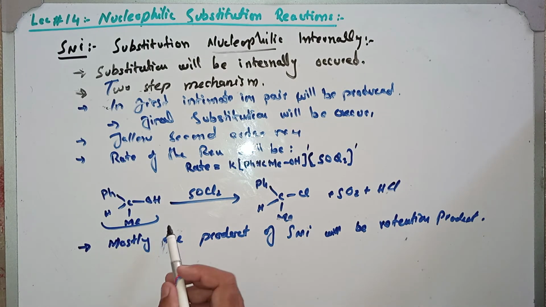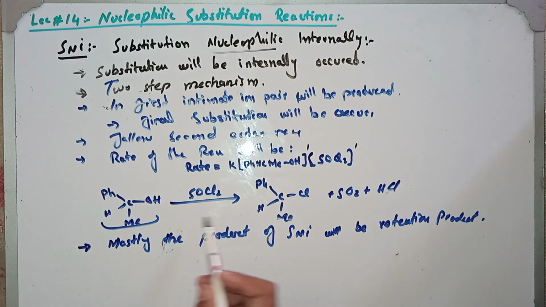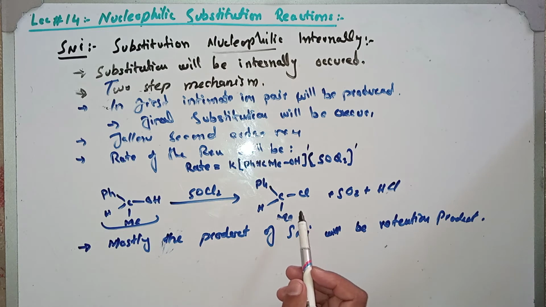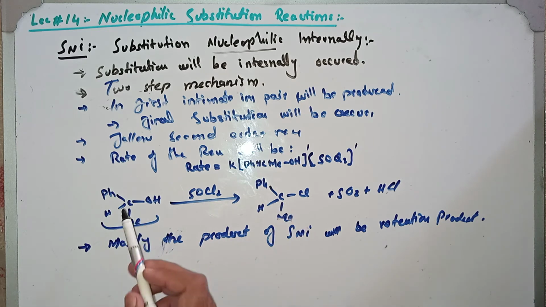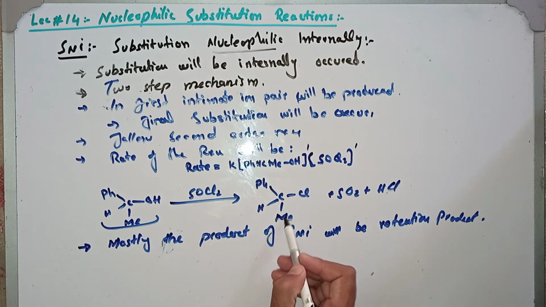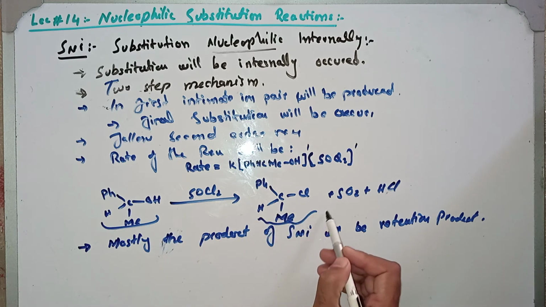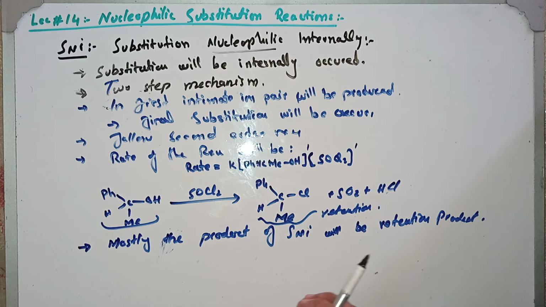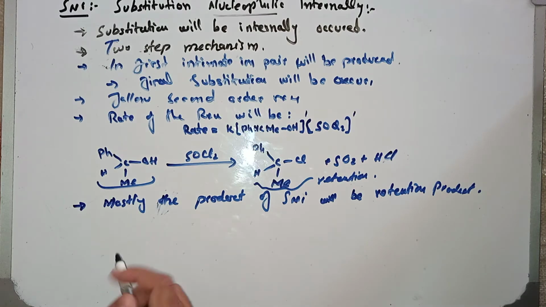Here also there is retention because from where the hydroxyl or leaving group left the system, the incoming group or nucleophile attacks from the same side. So the final product will be the retention product relative to the original one in most cases. But there are some cases where inversion can also take place. Let's do the mechanism for the reaction.